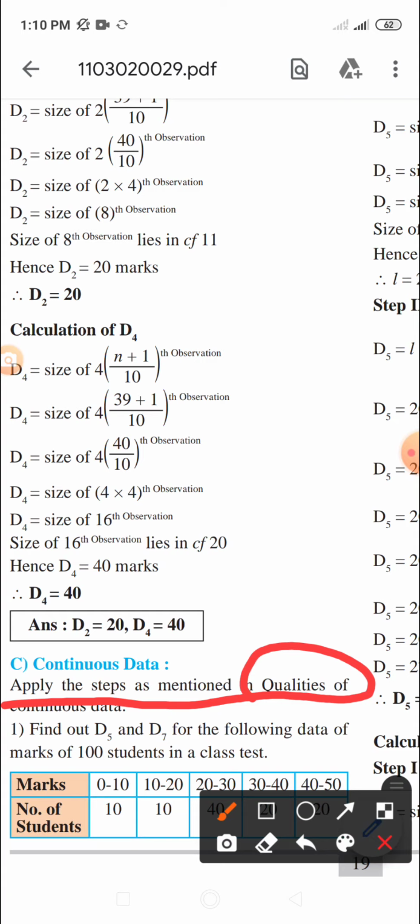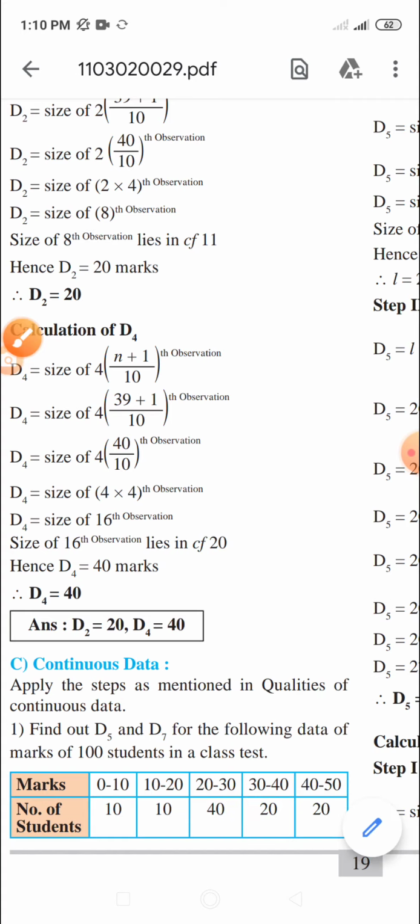But there is one thing which is different, that is the formula. The formula is different for calculation of deciles under continuous series.